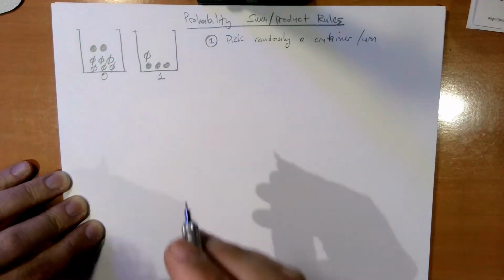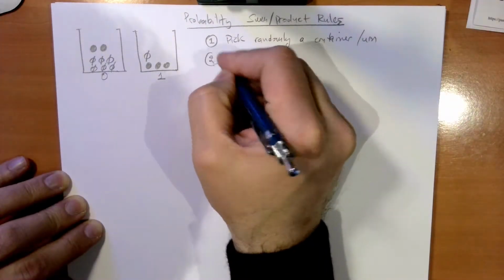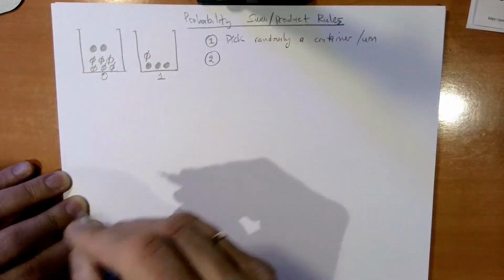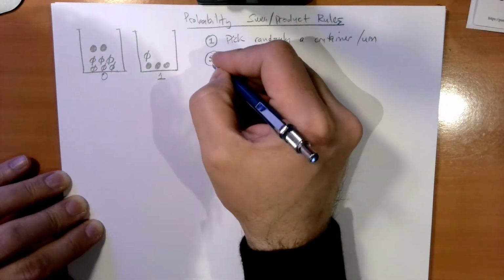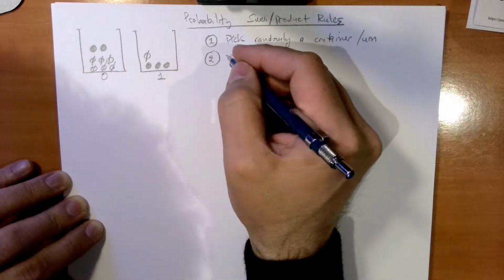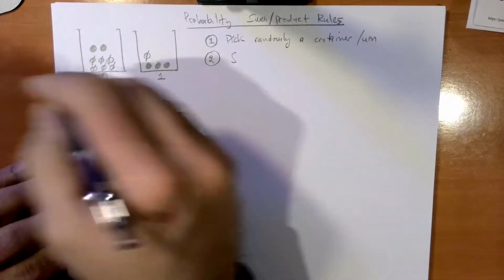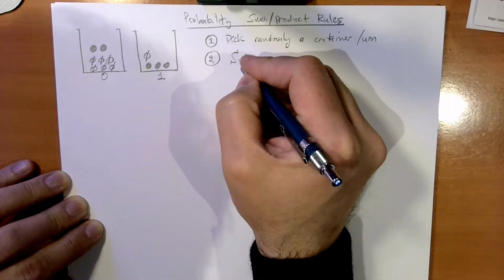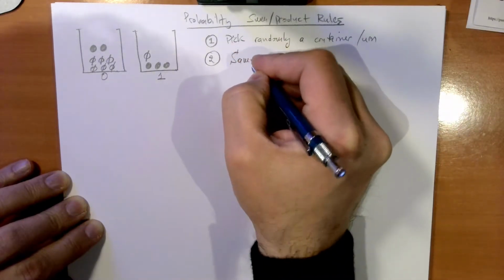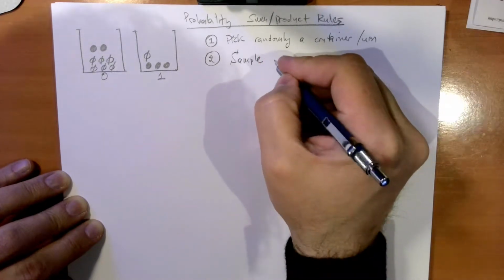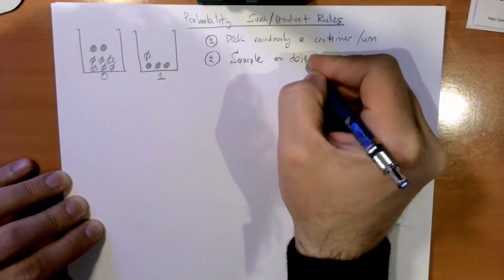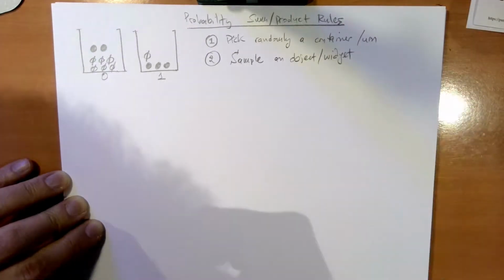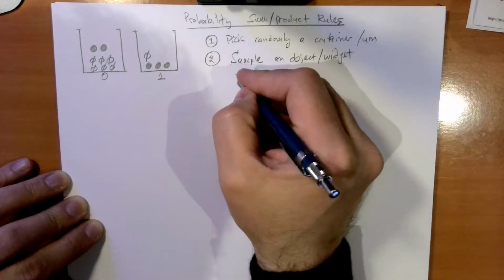And the second part of the experiment is, after you have selected the container, you sample one of those widgets out of that container. You sample an object, a widget, out of this container with replacement.